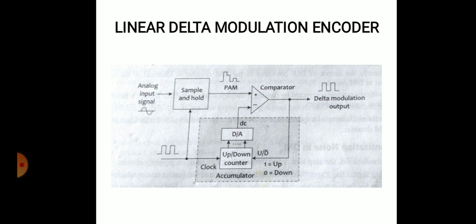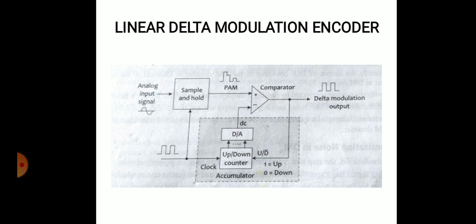It is passed through a comparator circuit, and the other input of the comparator comes from the D2A converter, digital to analog converter, which is controlled by an up-down counter. These sections, including the D2A converter and the counter, are called the accumulator. And one feedback comes from the output to the up-down counter.